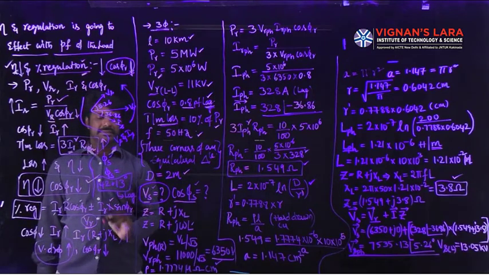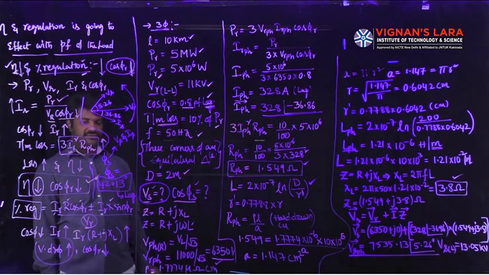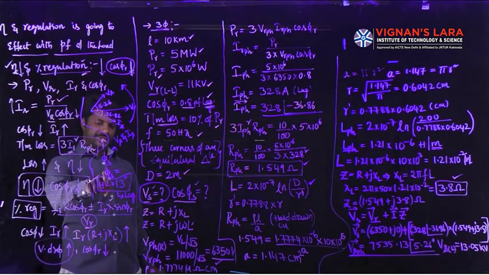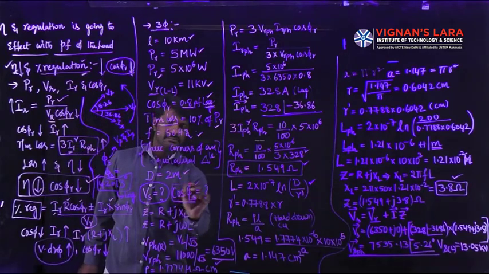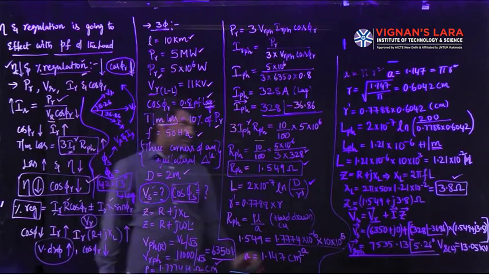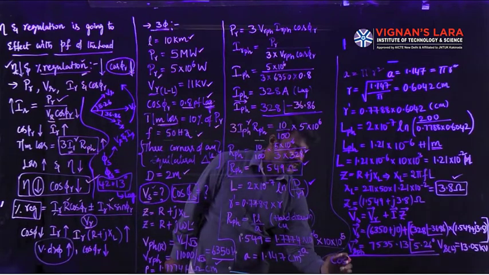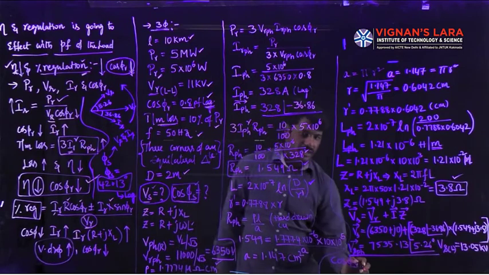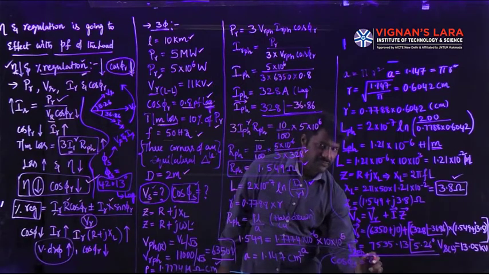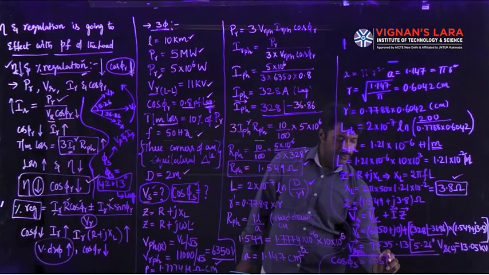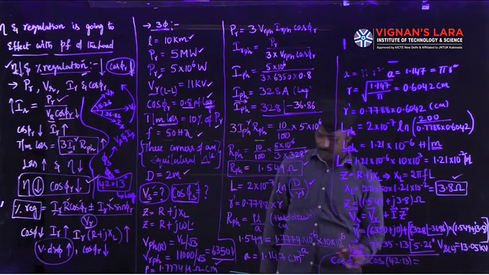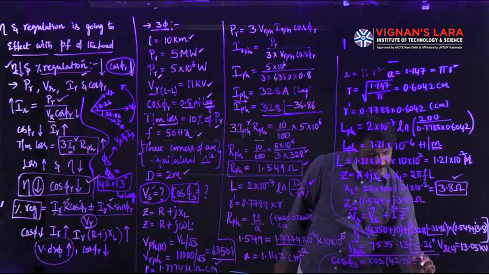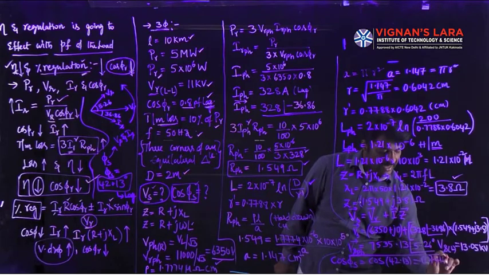Right? Once you know this phase angle phi s, apply cosine to it, and we will get cos phi s. Okay. So what is cos phi s now? The cos phi s is equal to cos of 42.13 degrees, which is equal to 0.7416 lagging.